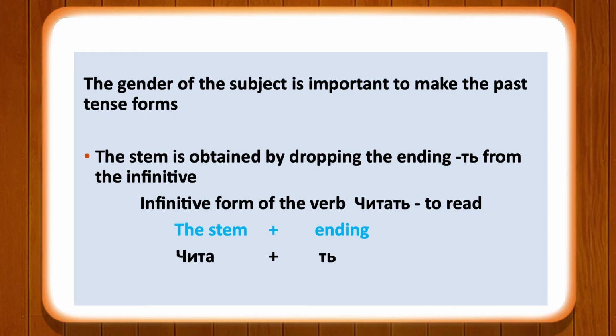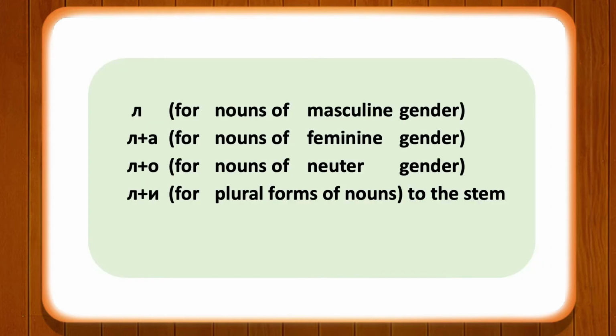You simply need to take the stem of the verb and add the following endings. The ending L for the nouns of masculine gender, the ending la for the nouns of feminine gender, the ending lo for the nouns of neuter gender, and the ending li for the plural form of nouns.